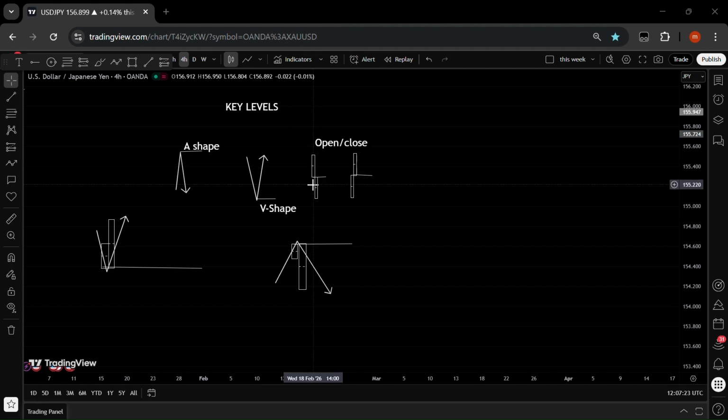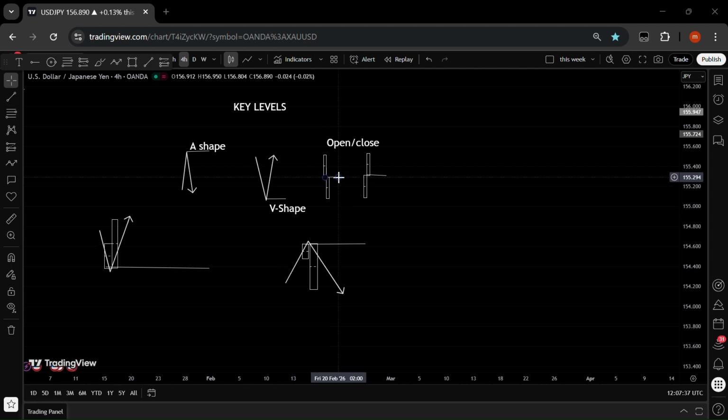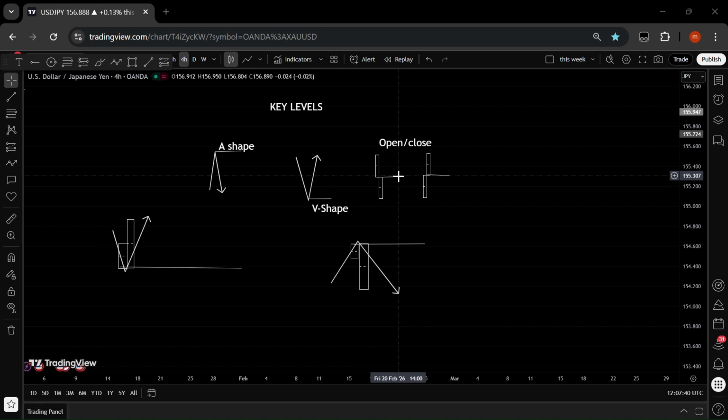These two candles are bearish, and the middle here is the closing of this candle, and here too is the opening of this candle. So you draw your line in between, and then you have your bearish open close key level. Same thing applies to the bullish. This is a bullish candle, and this is also a bullish candle. You draw your line in between to identify your bullish open close key level.